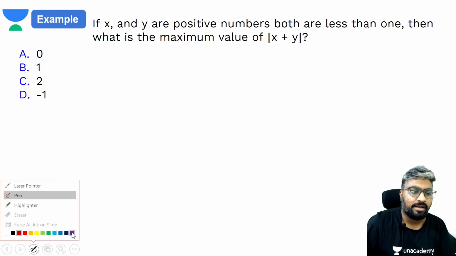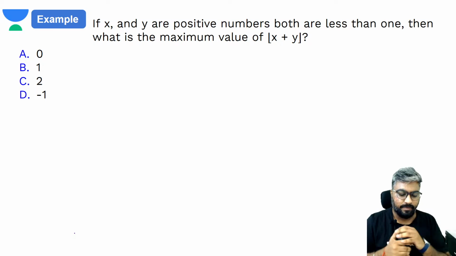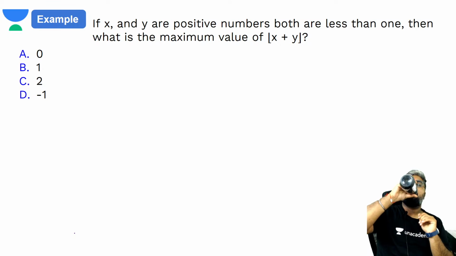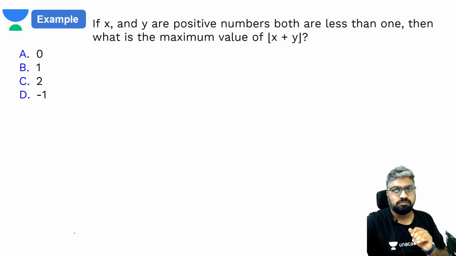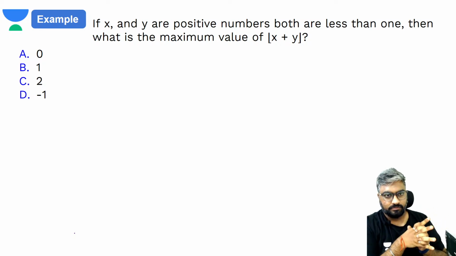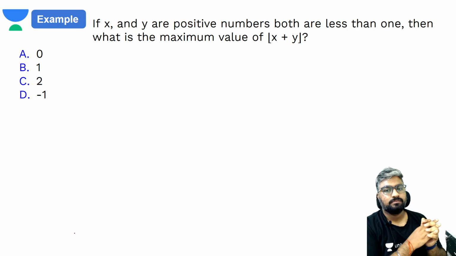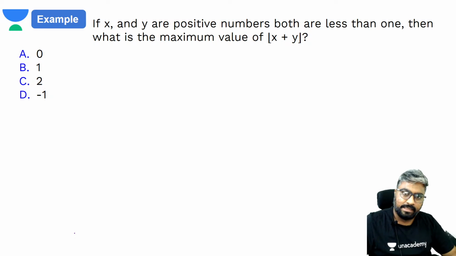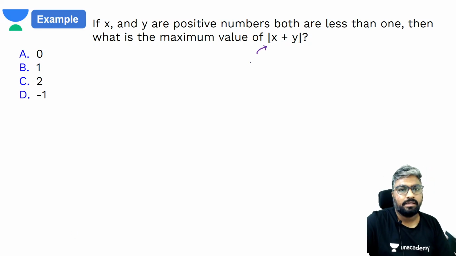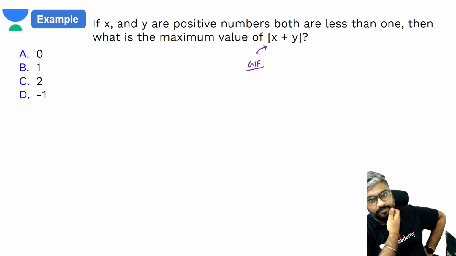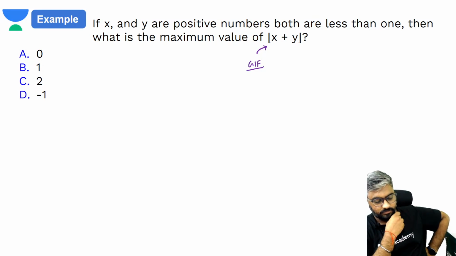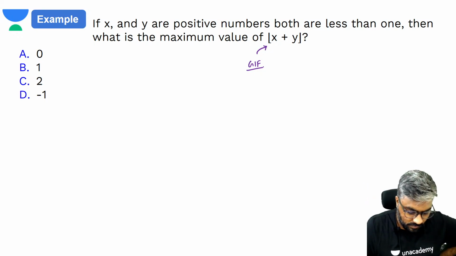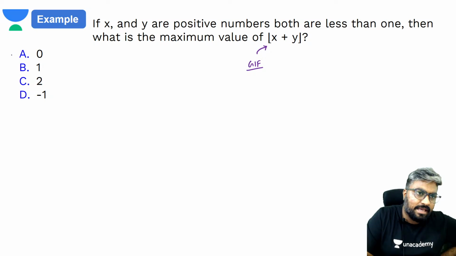Okay, now let's do some general questions, general questions based on the greatest and least integer function. Quickly try this. What is this symbol? Of the greatest integer function. Okay, don't make a mistake here. Alright. Krishna says A, 0.